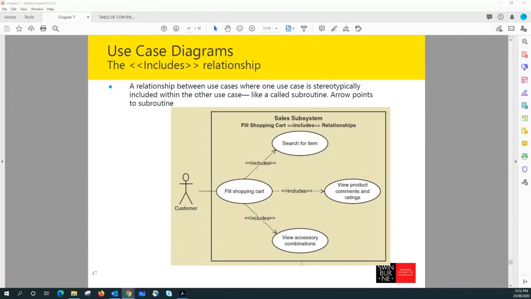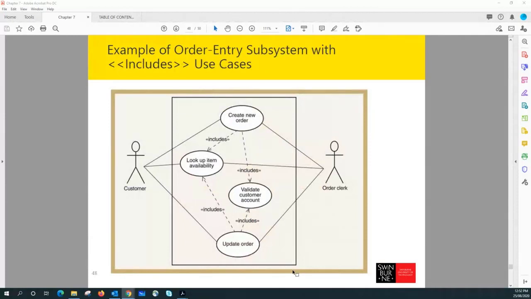Otherwise, we can have one use case diagram to show every use case and every actor in your system. Mostly when you go to the industry, you will see we produce different diagrams. We will usually produce one diagram to show your whole subsystem.